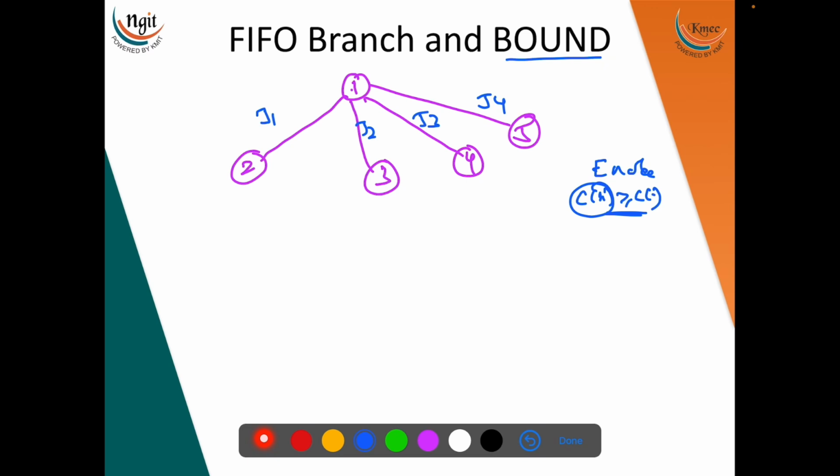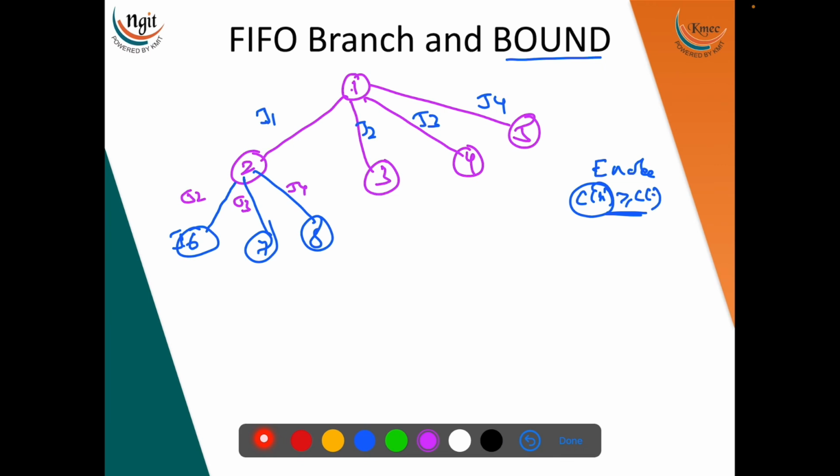So now it is J1. I told you that it is BFS, right? Now, breadth-wise, we'll find the job solutions. If I want to explore this node, J1 is already present, so which nodes will we take into consideration? J2, J3 and J4. This is J2, J3, J4.